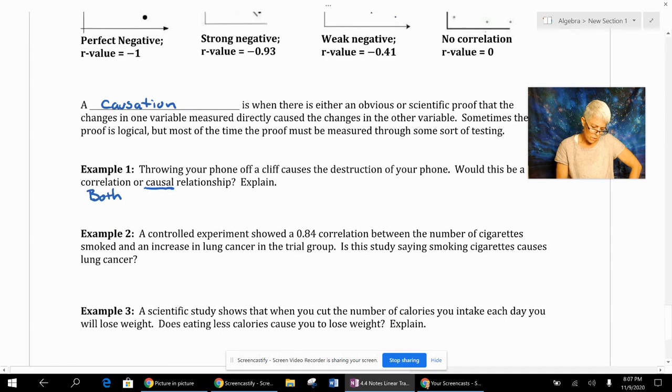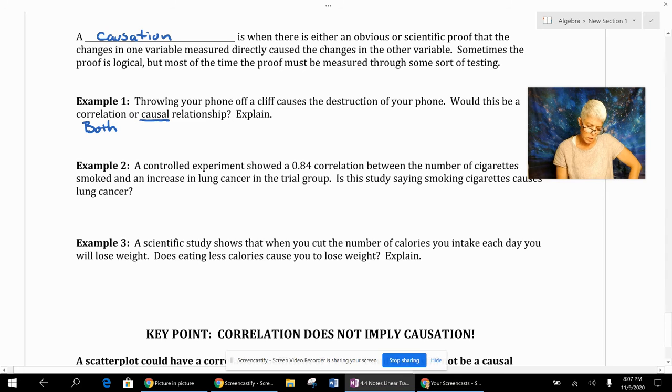All right, let's look at another one. A controlled experiment shows a 0.84 correlation between the number of cigarettes smoked and an increase in lung cancer in trial groups. Is this study saying smoking cigarettes causes lung cancer? You know what?